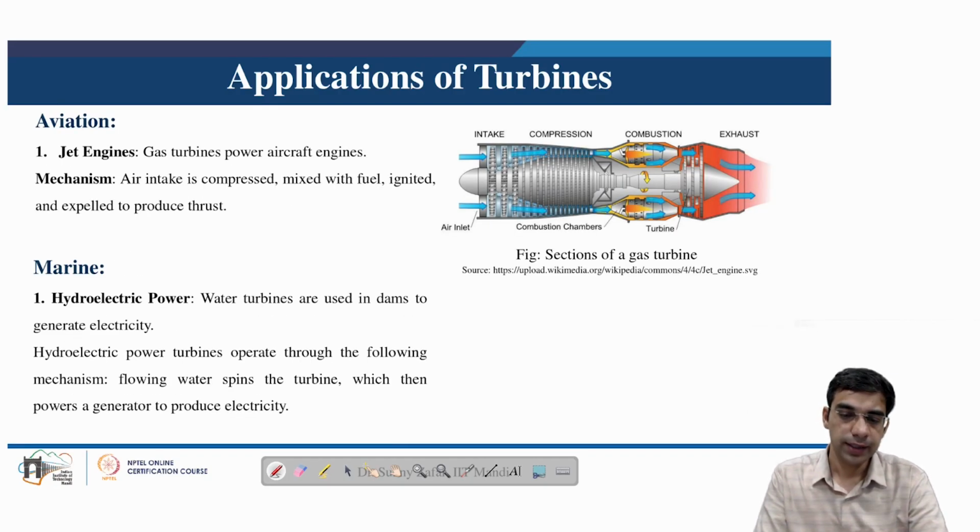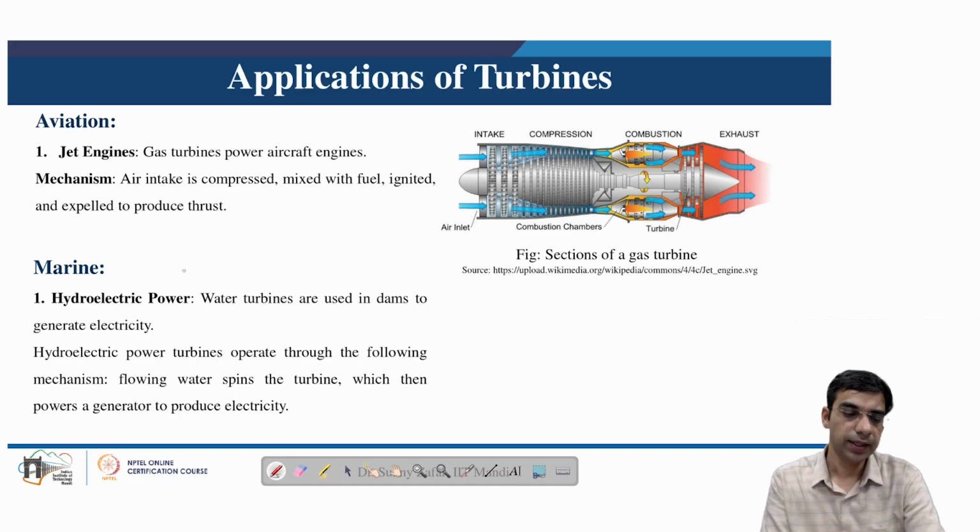Next, we look at other applications of turbines. Turbines are not only used in energy generation, but they are also used in the aviation sector, for example the aircraft engine, where they are used to generate power which can propel the aircraft. Here we have the combination of a compressor and a combustor, which are fixed ahead of the turbine, and they operate based on the Brayton cycle.